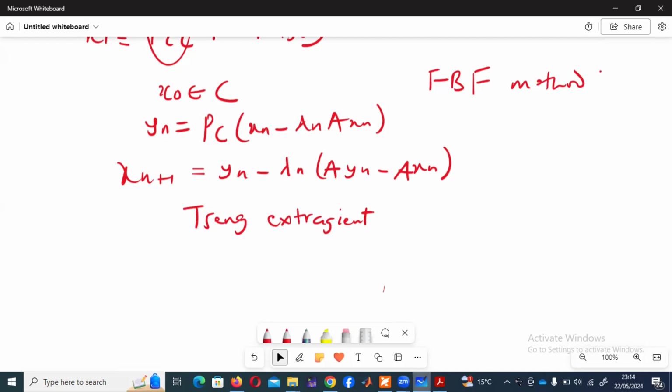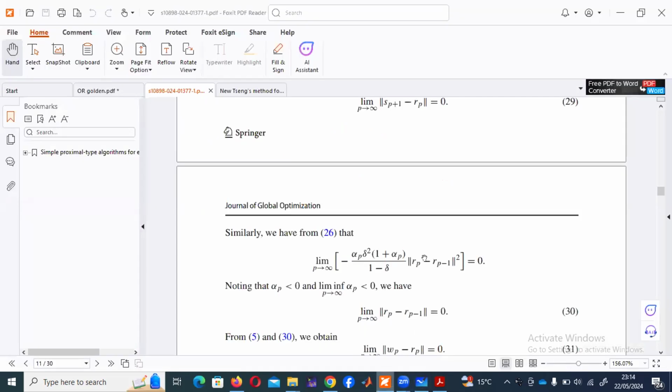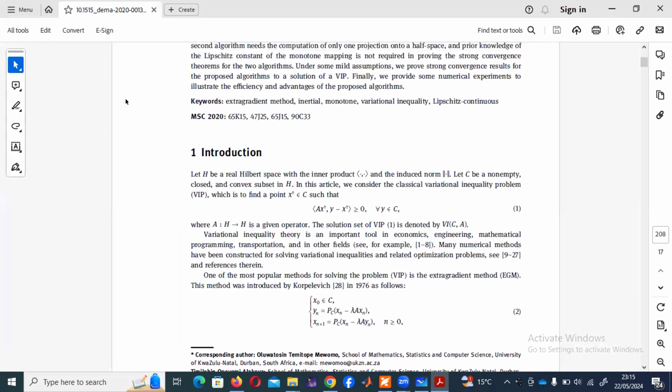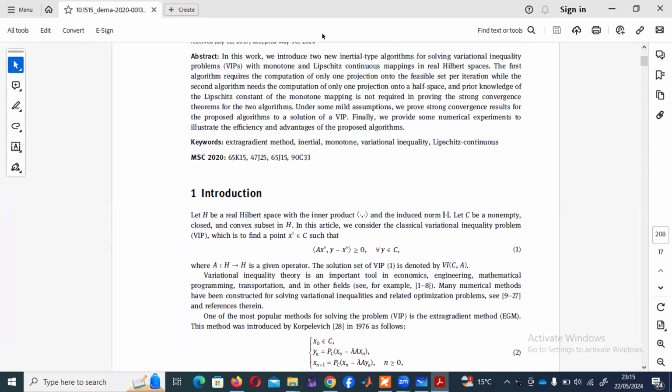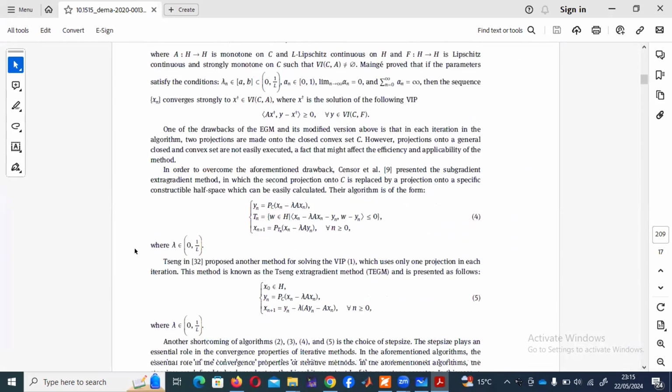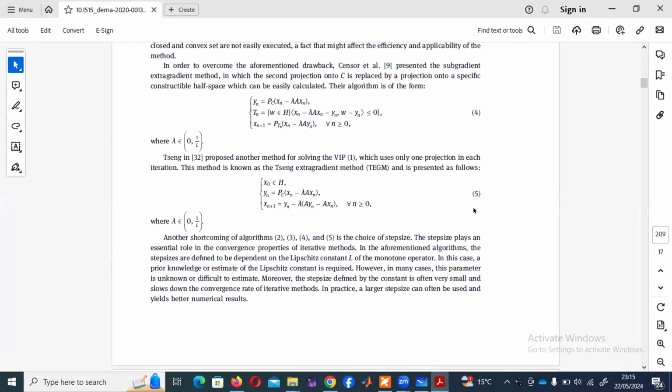Now come to the paper. They said they want to do the same method, but in this case they are inertial types. What I've written now is this one. If you notice, in this one, lambda is a constant.